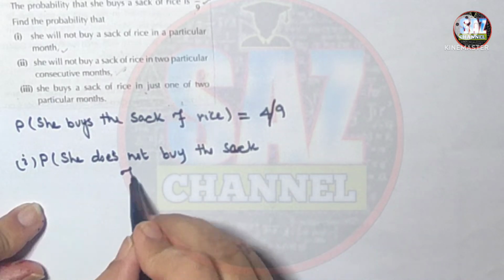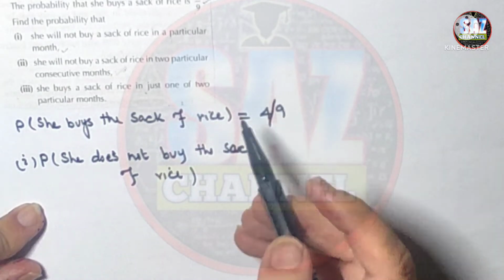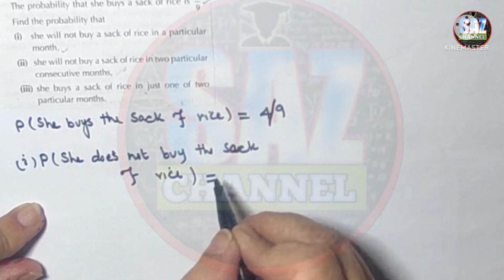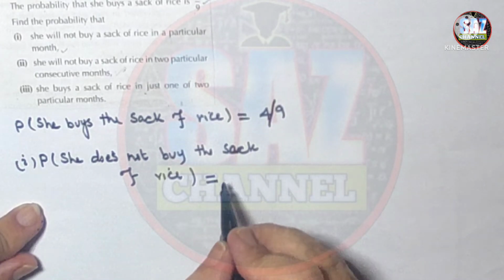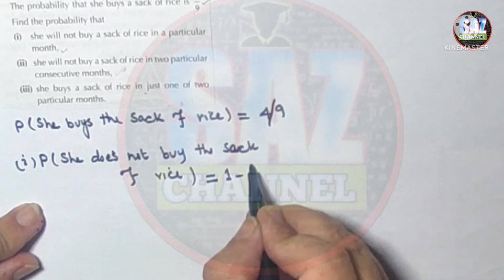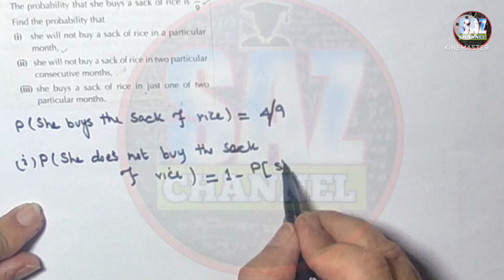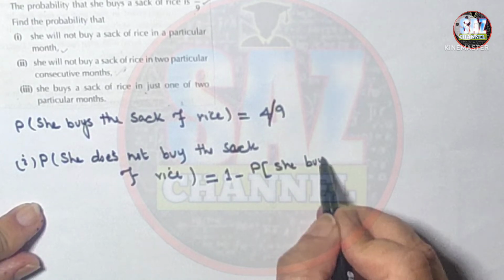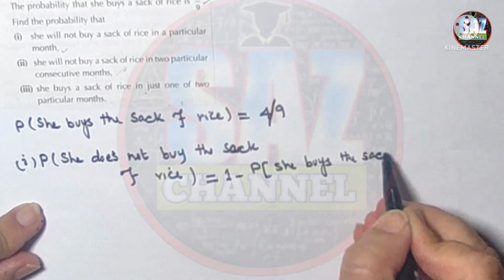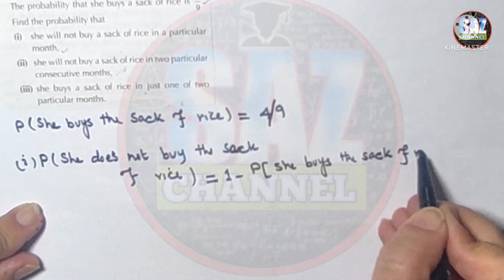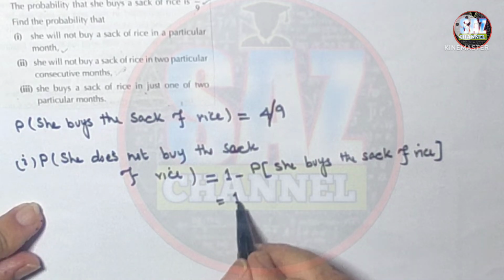Now try to understand that if she buys the sack of rice, the chances are 4 by 9. If she does not buy, here we are going to make use of the complementary event, 1 minus the probability that she buys the sack of rice. So 1 minus 4 by 9.